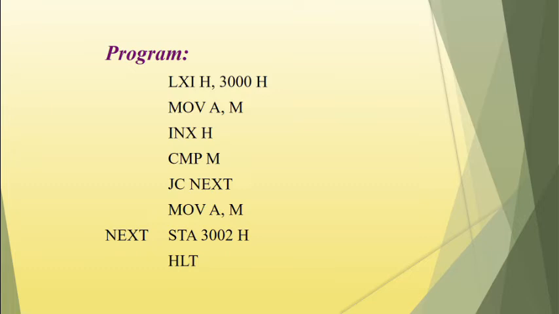So for that we use the command JC, jump if carry, next, and we'll use MOV A, M if there is no carry, and we'll store the smallest number, which is in the accumulator, to the specified memory location, and thereafter we'll stop.